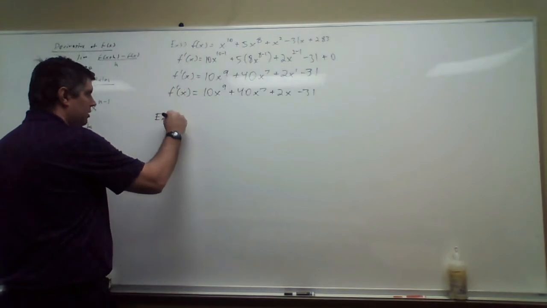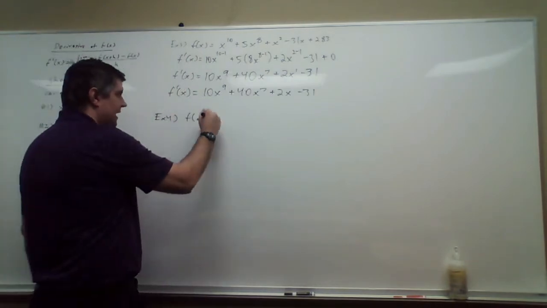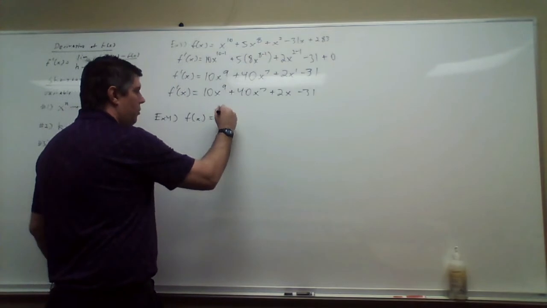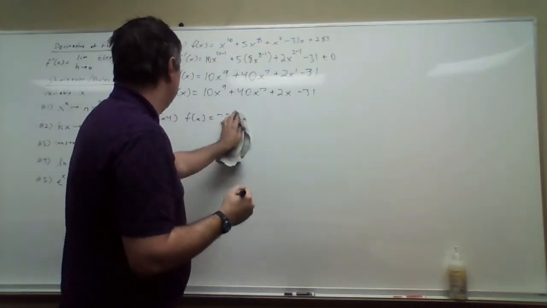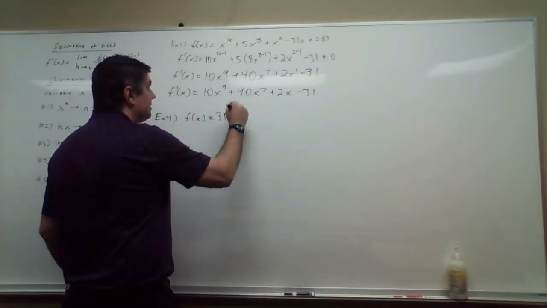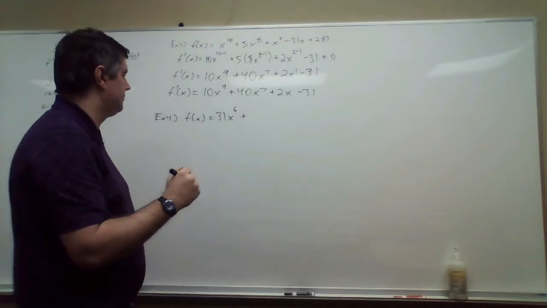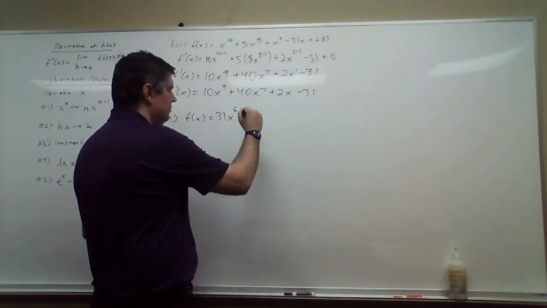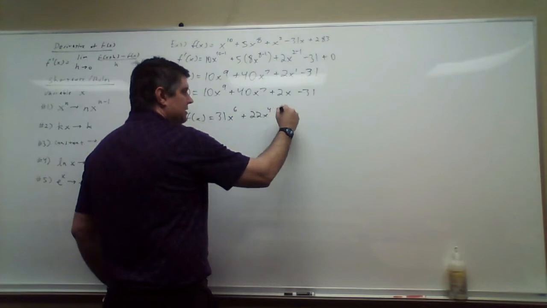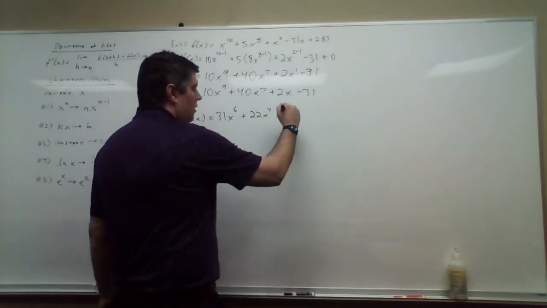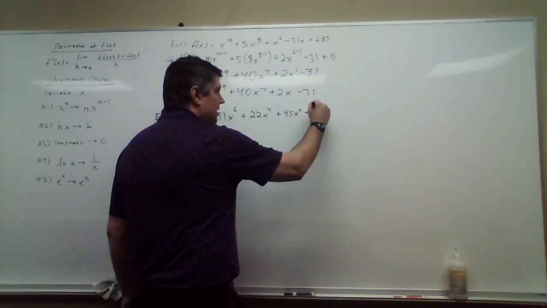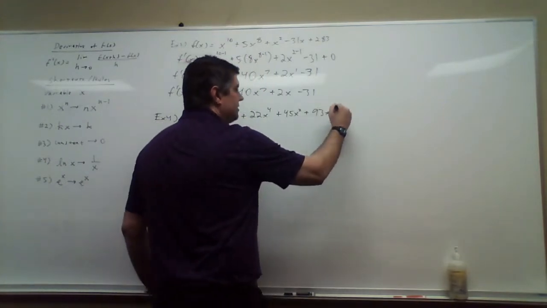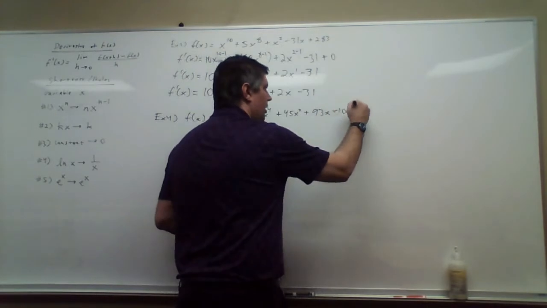All right, example 4. Let's say I have f of x equals 31x to the 6th plus 22x to the 4th plus 45x squared plus 93x plus or minus 107.